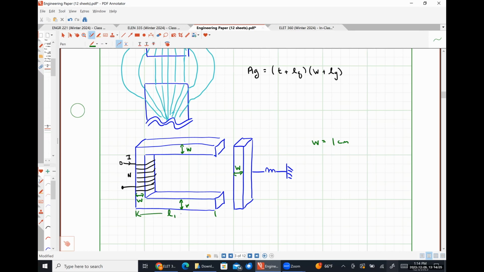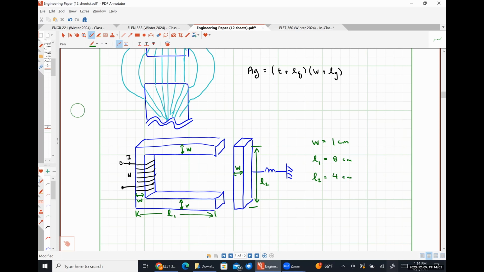This length will be L1. Let's call that 8 centimeters. This length here will be L2.